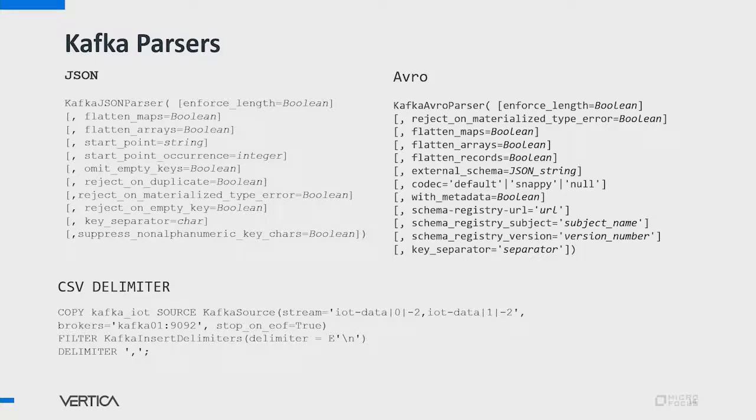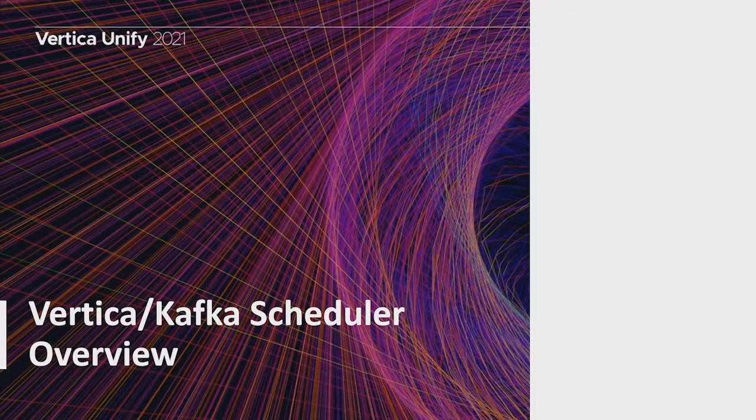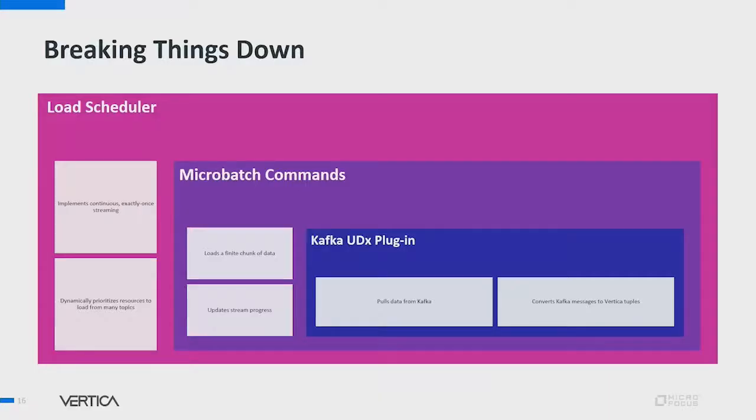Now that we have seen how Vertica acts as producer and consumer for Kafka, let's dive into some details about the Vertica Kafka Scheduler, because this is what makes the streaming data load from Kafka to Vertica possible. We'll break things down and look at different components of this use case.